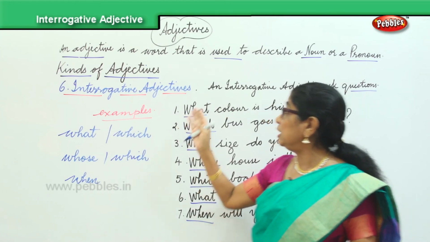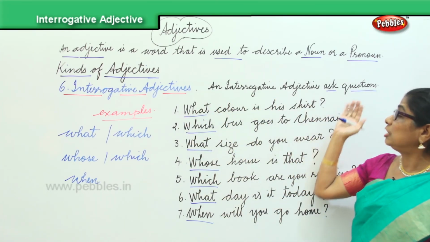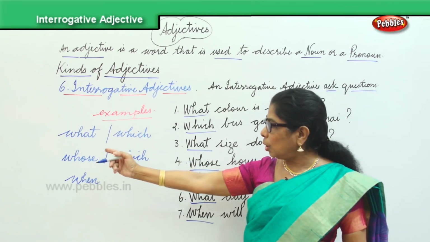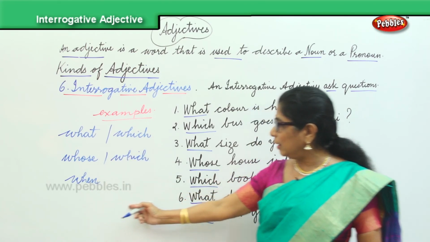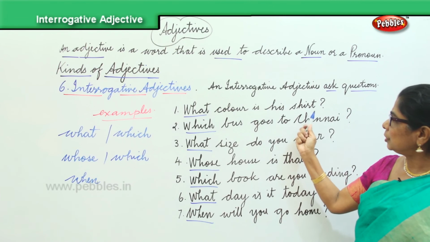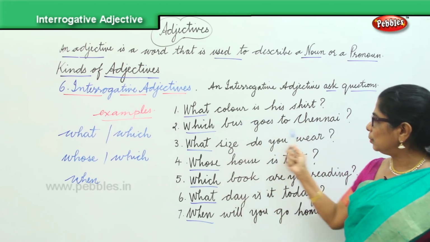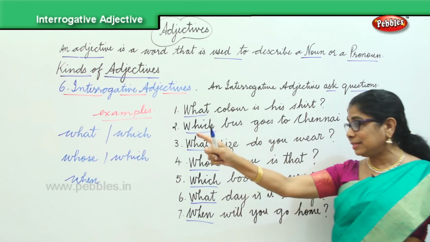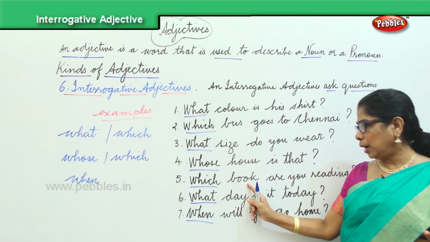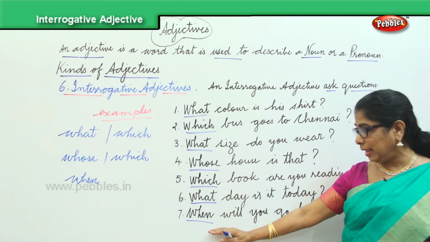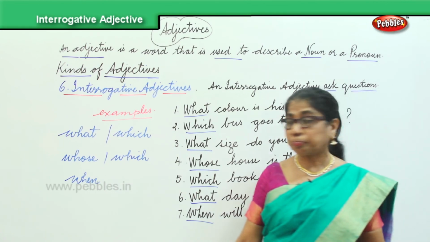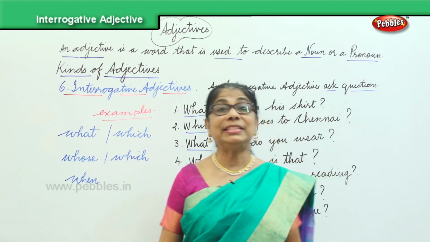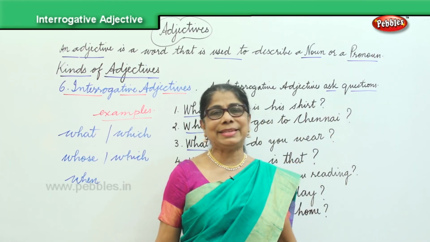It's very easy to identify because it asks questions. The words that ask questions are what, which, whose, when. What color is his shirt? Which bus goes to Chennai? What size do you wear? Whose house is that? Which book are you reading? What day is it today? When will you go home? Identifying an interrogative adjective is very simple because it asks questions.